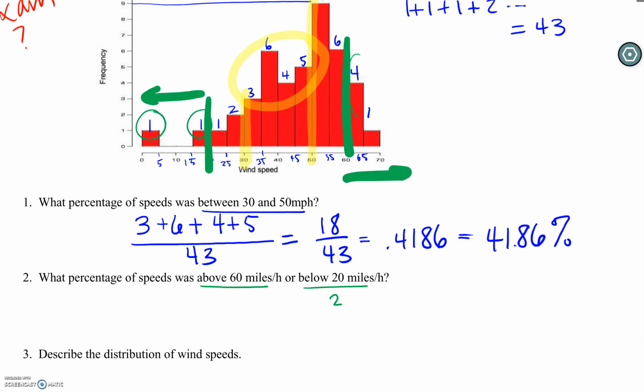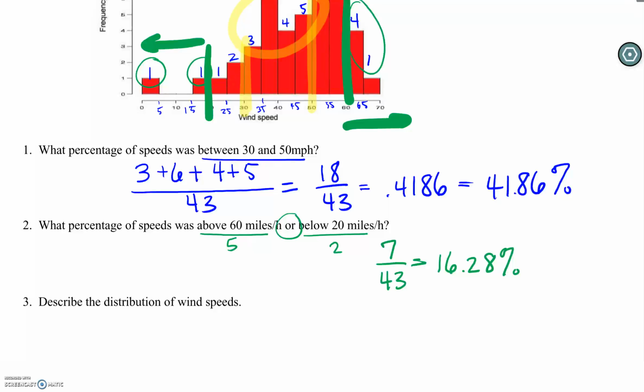We've got 5 above 60. And since it has a nice or, I've had students before say, well, it's not possibly both those things. Or means either of them. So we have 7 days out of the 43 where this happened. Either really high winds or really low winds happened. So 7 out of 43 is 16.28%.